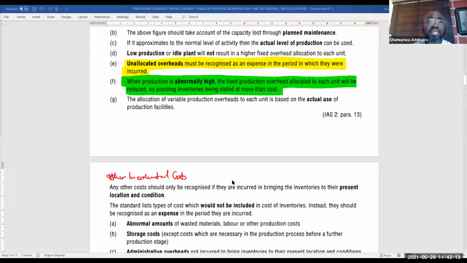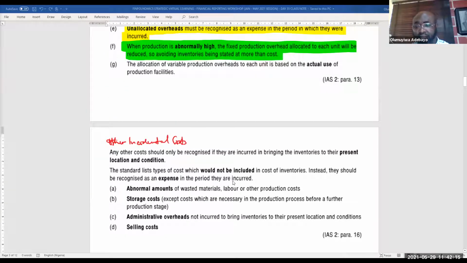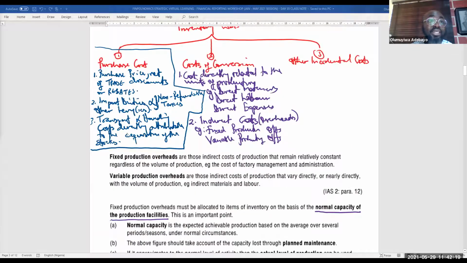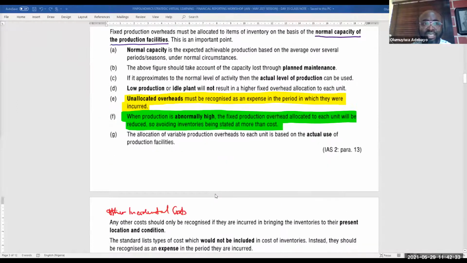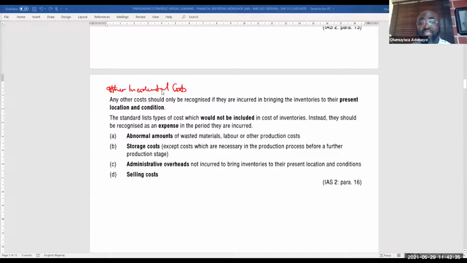If you remember, I made mention of transportation and handling. Now, if you can specifically trace it to transportation or handling, it will come under purchase cost. If not, if it's just generic in nature, it will come under incidental cost.